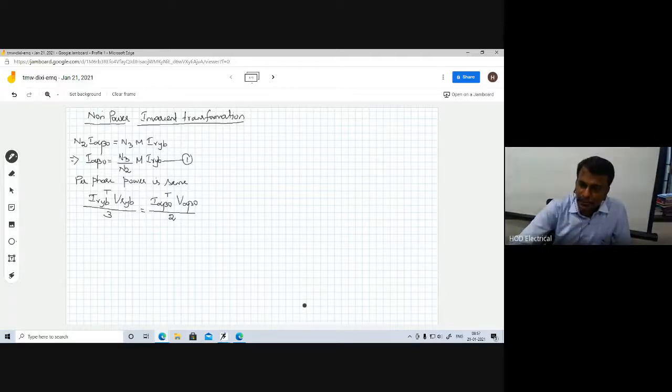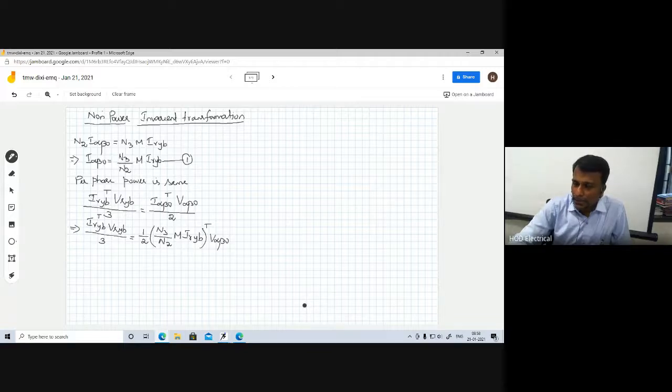So let me substitute this first equation in this case. We have I RYB transpose into V RYB, the whole divided by 3, equal to 1 by 2 into, let me substitute I alpha beta, N3 divided by N2 M I RYB, transpose, into V alpha beta naught.